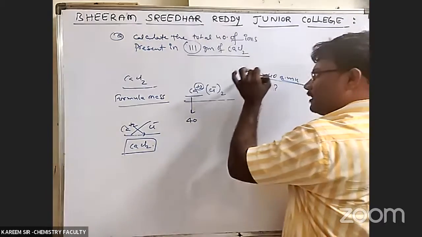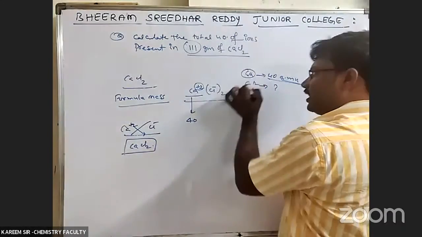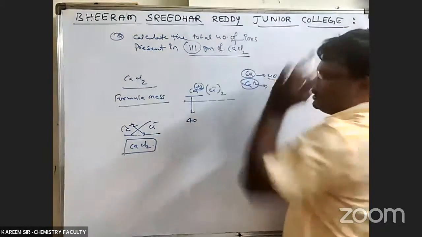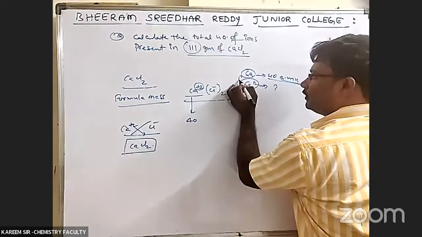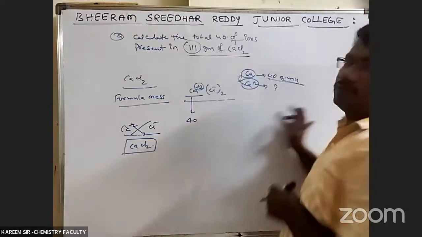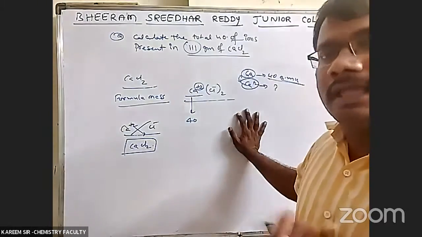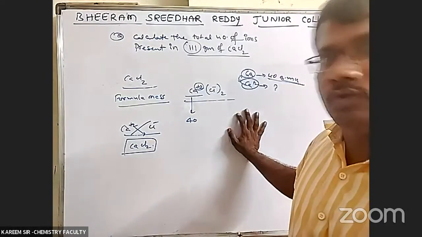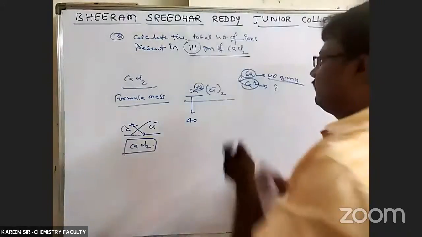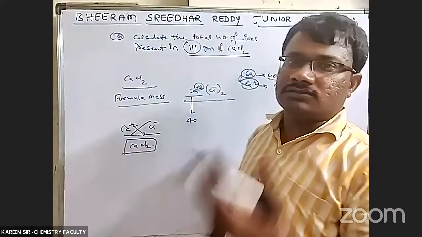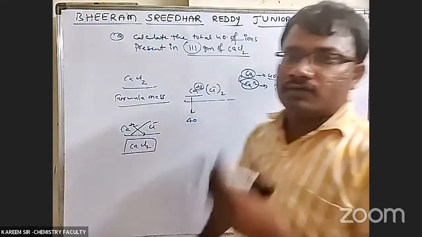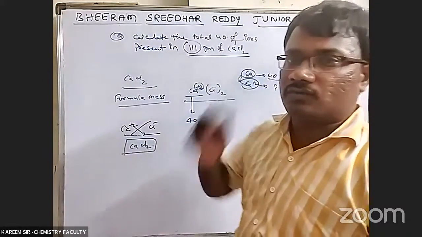Whatever the mass of the atom, the ion also has the same mass. No change, because when an atom is converted to an ion, there is only a loss of electrons. Electron mass is negligible, so we don't consider the mass of electrons in the atomic mass.